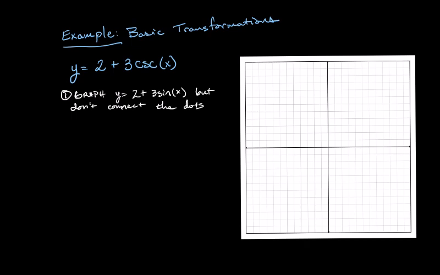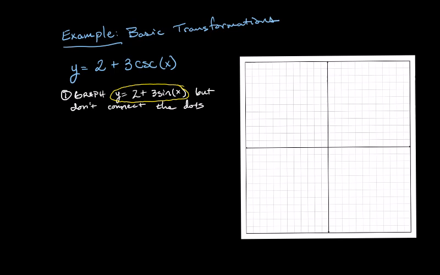If you don't know how to graph a sine function, then that's not good. Go back and watch the first 4. But if you can graph a sine function, I want you to graph y equals 2 plus 3 sine of x, and then just don't connect the dots. We'll talk about how we can create the cosecant function from that.